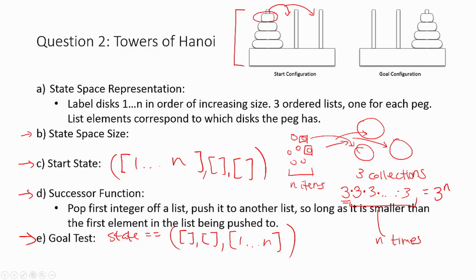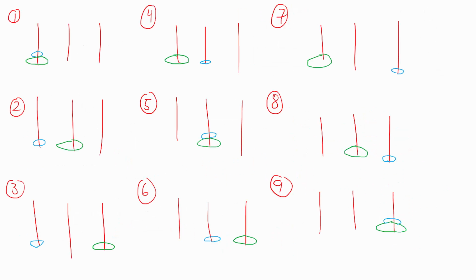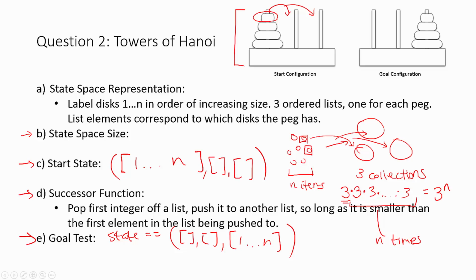Let's see if this 3 to the n number is feasible with n equals 2. So we're considering the case where n is 2. We claim that there are 3 to the n states. So with n equals 2, that's 3 to the 2 states, which is 9. We do have 9 different states here, and these are actually the only 9 states that you can get. So the answer here will be 3 to the n.